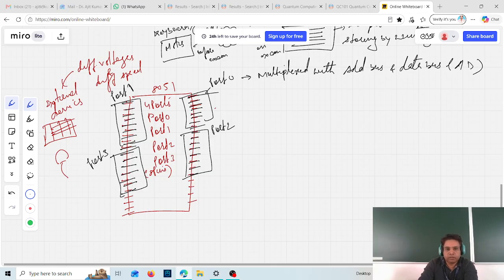So this pin is called AD0, that is the A0 pin of the address and the D0 pin of the data. Both are being utilized by this one pin. That is called multiplexing.